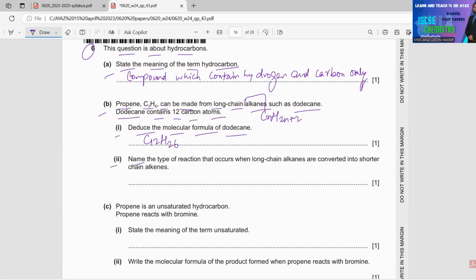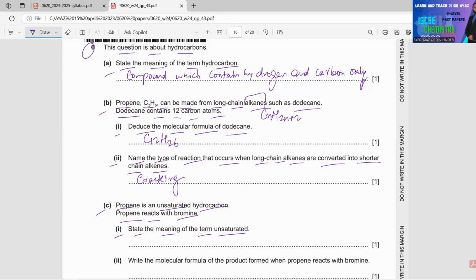Number 2. Name the type of reaction that occurs when long chain alkanes are converted into shorter chain alkenes. It's known as cracking. C. Propene is an unsaturated hydrocarbon. Propene reacts with bromine. Number 1. State the meaning of the term unsaturated.